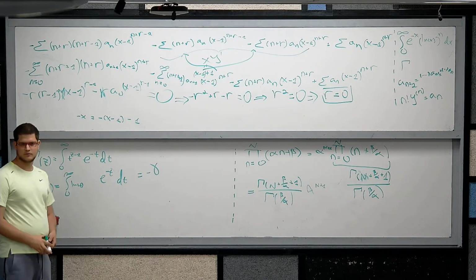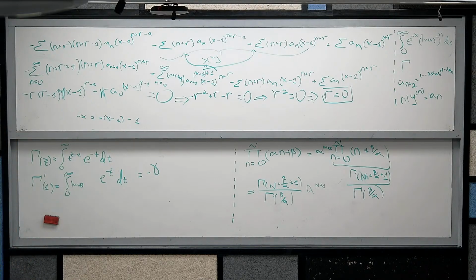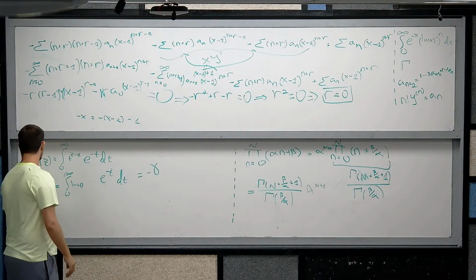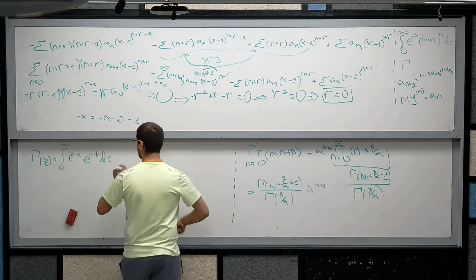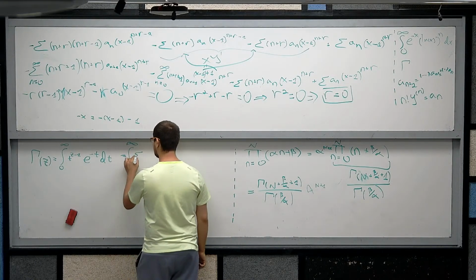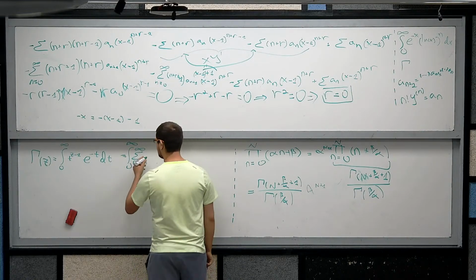It's a nice thing, why? From that you got the Taylor expansion of the gamma function. It's really nice. You have another way to do that, of just taking the integral from 0 to infinity.